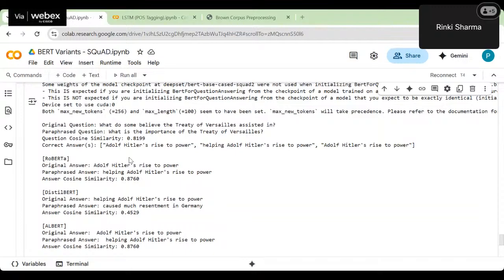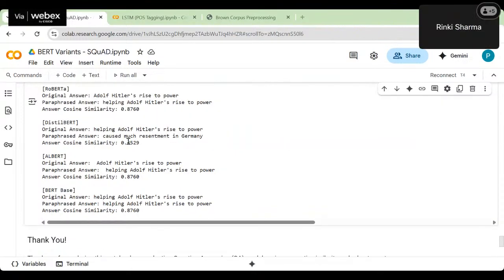So this is how the models are behaving corresponding to the original question and corresponding to the paraphrased question. Here also we can see Roberta is predicting almost correct answer for the original question as well as the paraphrased version of the question. DistilBERT lacks to predict the answer for the paraphrased part, and ALBERT here is predicting the answer correctly.